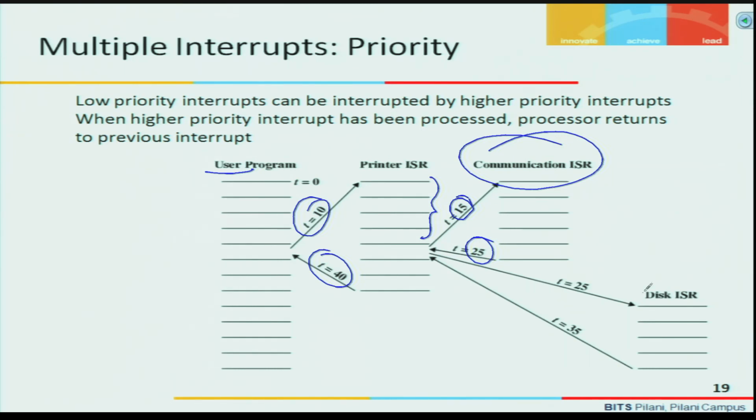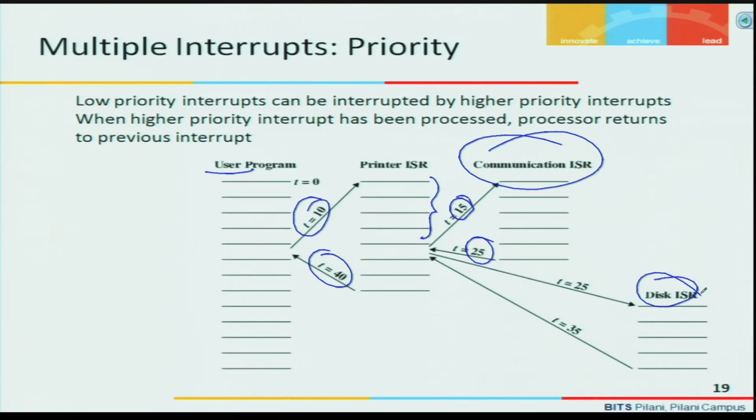Then at t equals 25, let's say a disk ISR comes, because the disk also reads data in blocks. The next block will come, and if the buffer is overwritten by the next block, then the previous block will be lost. Then that data has to be provided again, because it is found that one block of data is missed, so that will be an overhead.